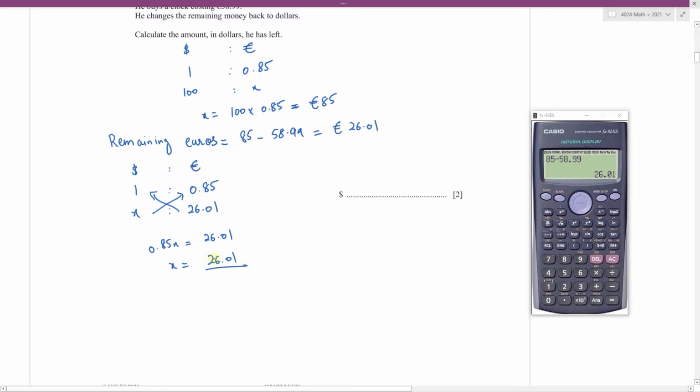X will be 26.01 divided by 0.85. So you have $30.60 remaining at the end, the amount in dollars that he has left. So $30.60.